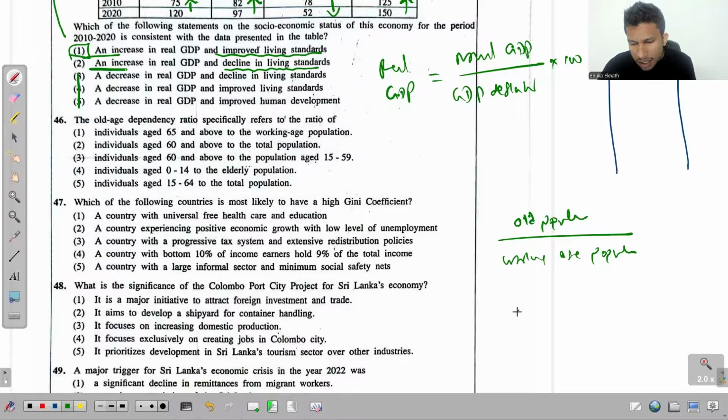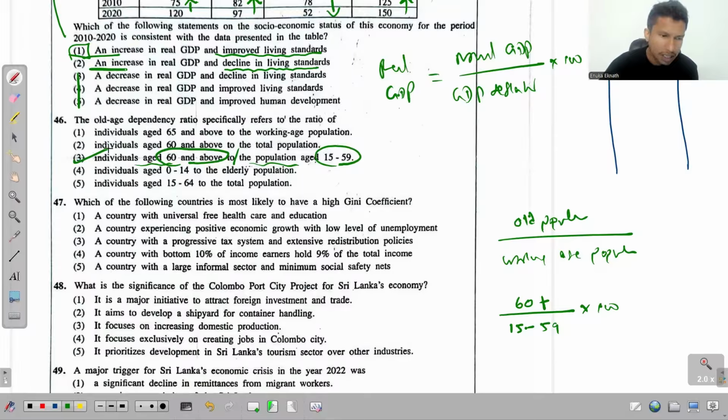That is the population of 60 years or above divided by the working age population, that is the population between 15 to 59 years. So we take these two and we multiply this by 100. So which option expresses this equation? See, individuals aged 60 and above to the population aged 15 to 59. So the third one is the answer.